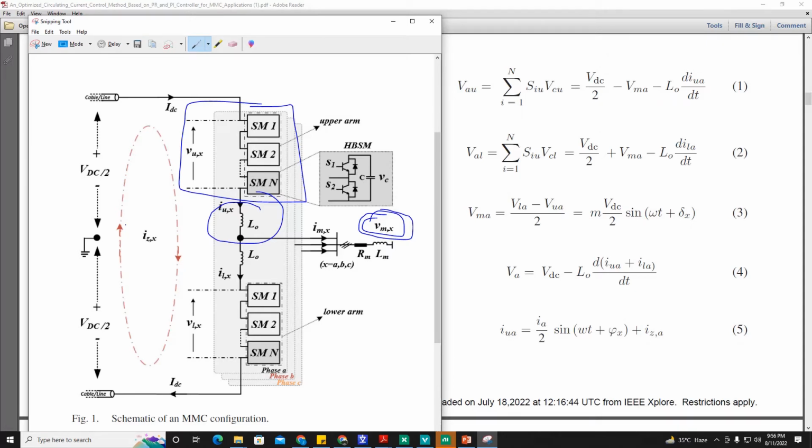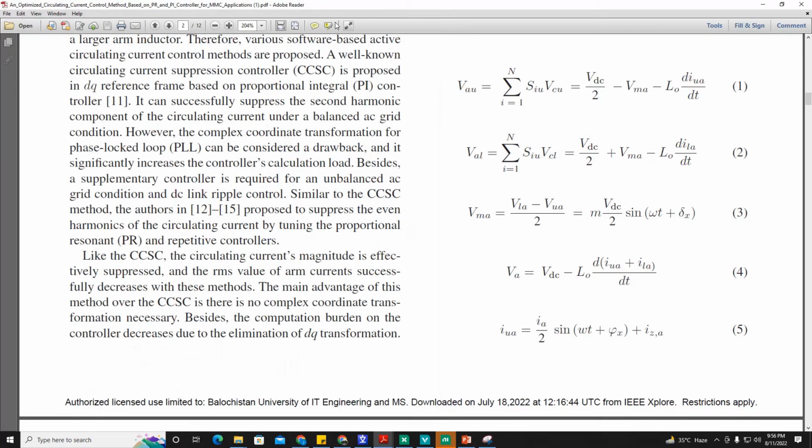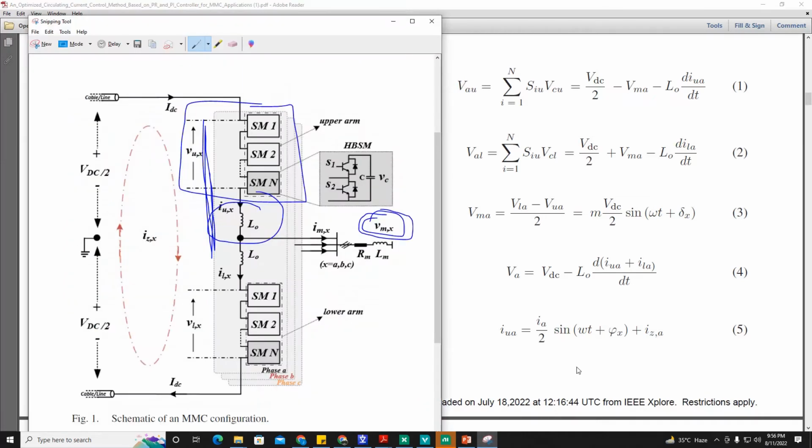Now this upper arm current, which is flowing here, consists of one fundamental component, IA by 2 sin(omega t plus phi x), plus a differential component, the differential current. I will explain it.